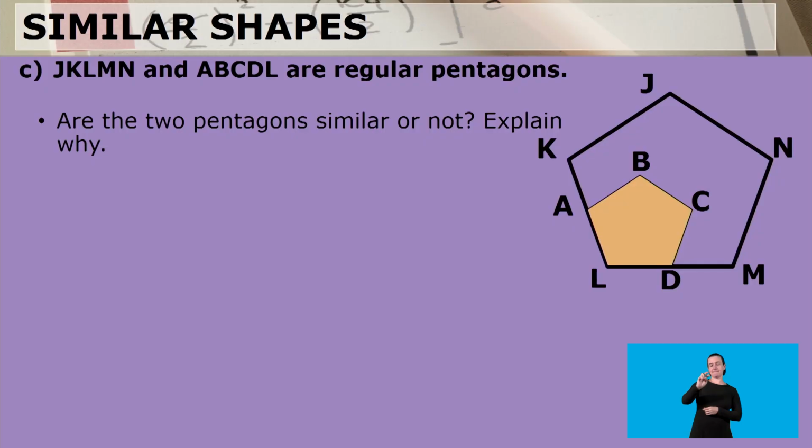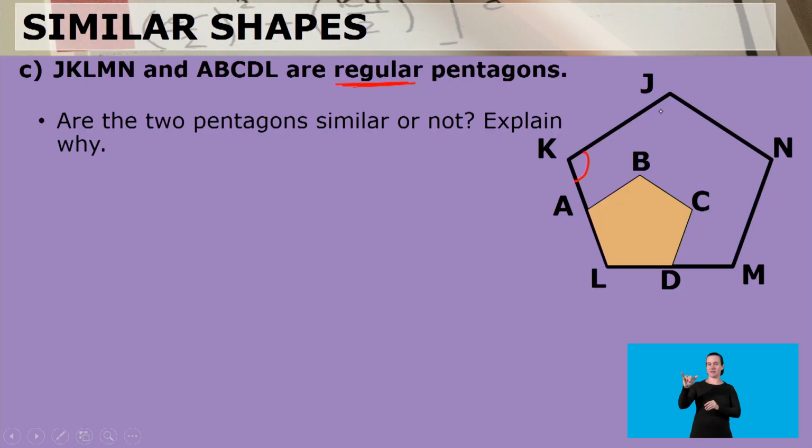It says that JKLMN and ABCDL are regular pentagons. So I'm looking at a pentagon, which is a shape that has 5 sides, and the word regular means that all the sides of that pentagon are equal and all the angles of that pentagon are equal.